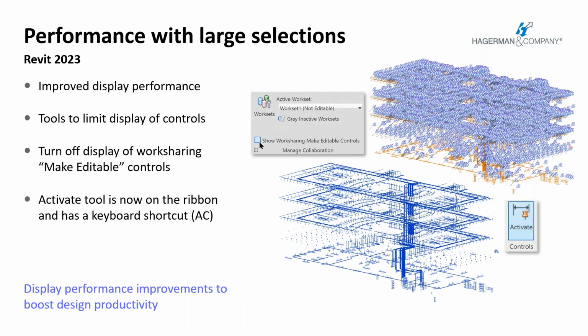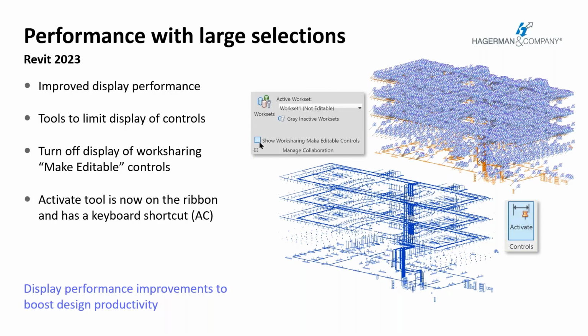A lot of performance enhancements coming up here. This is one of them. So users have requested to suppress on-screen controls and pins to have a better display performance experience. In Revit 2023, in-canvas displays now have tools for controls and are removed by default to reduce clutter and improve performance with large selections.